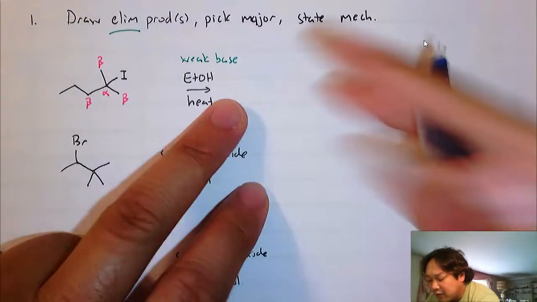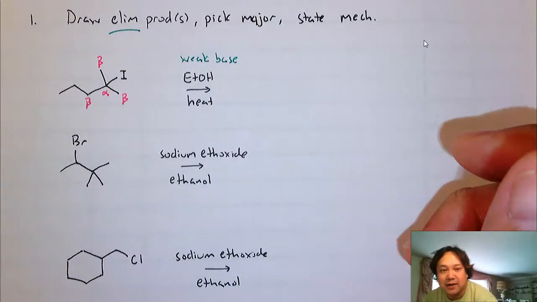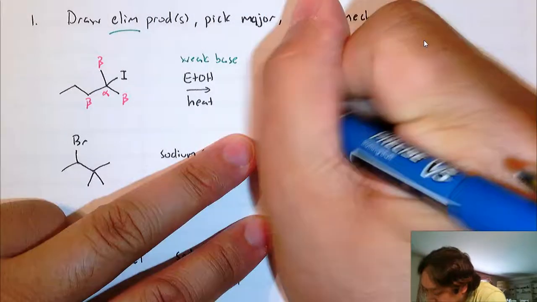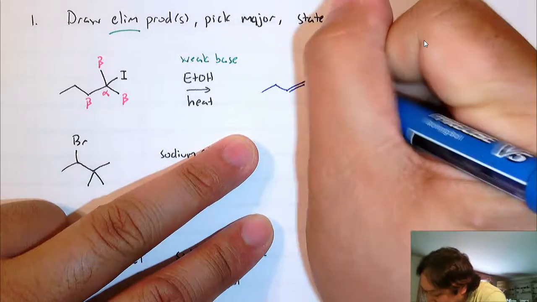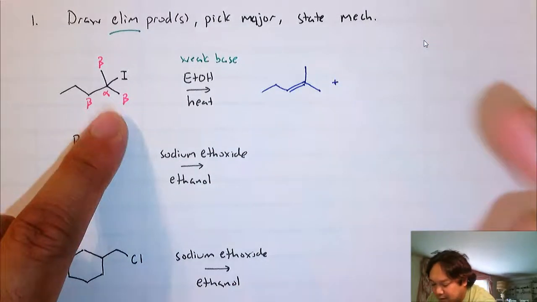And when I draw the products, I want to keep in mind, is there any possible cis-trans isomerism? I'm going to make the double bond to the left first. Then I'll make the double bond to the top carbon.